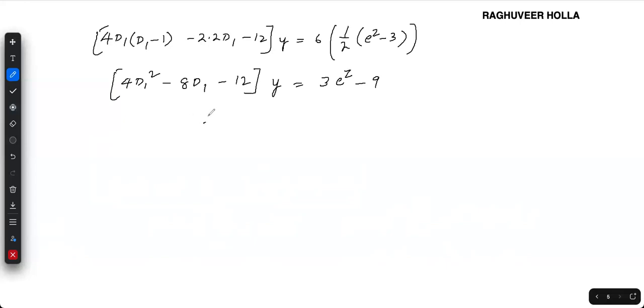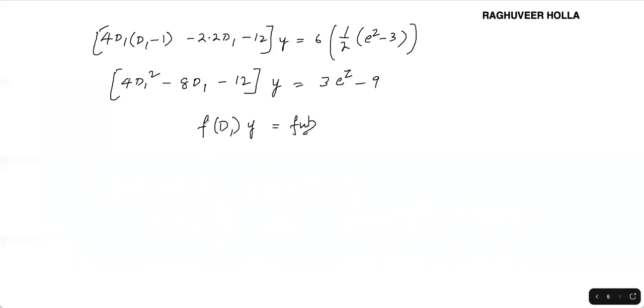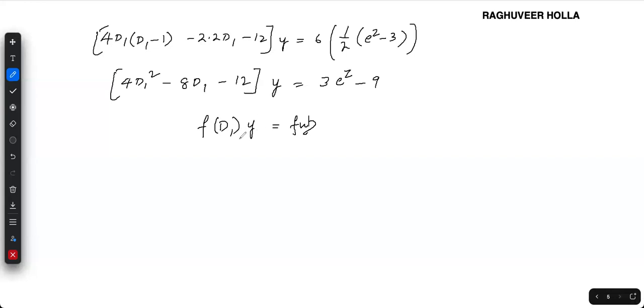Now it is in the form of f of D into y equal to a function. We equate it to 0 to get the complementary function, that is yc.